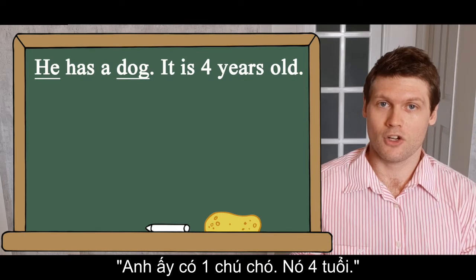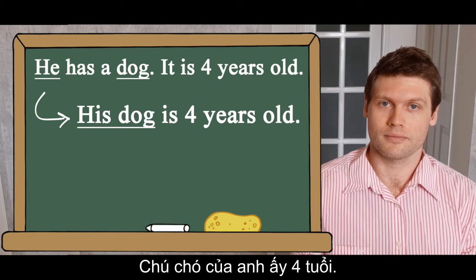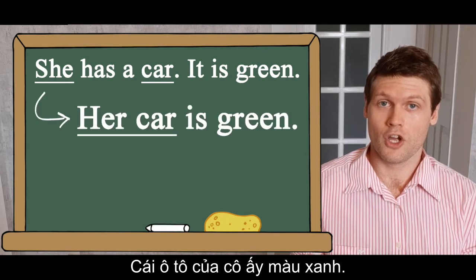He has a dog. It is 4 years old. His dog is 4 years old. She has a car. It is green. Her car is green.